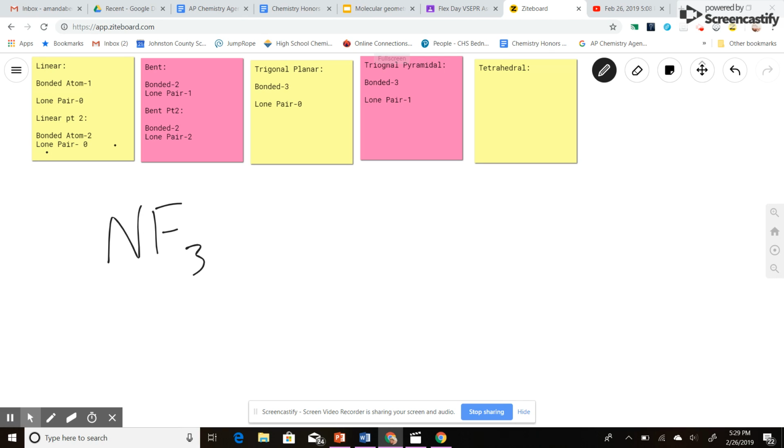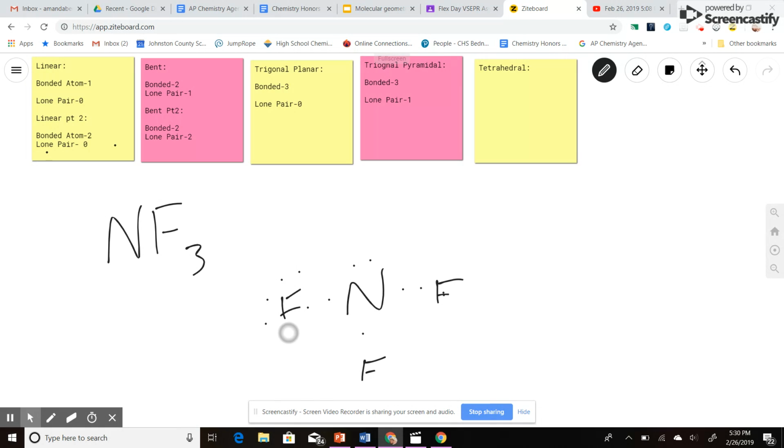All right, so when I'm drawing my Lewis structure for nitrogen trifluoride, if you notice, nitrogen comes first. He's also the least electronegative out of the two, so he's going to go in my center. Nitrogen is in group 15, so he has 5 valence electrons. And then we have fluorine, and fluorine is in group 17, so they all have 7.